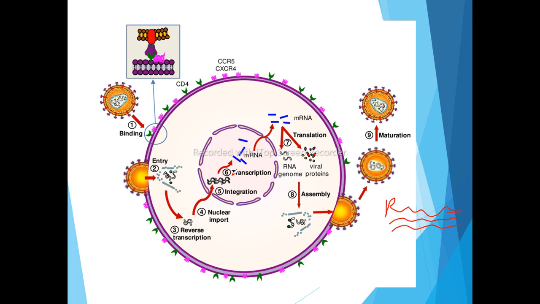In the nucleus we have the enzyme integrase. The enzyme integrase is going to cut the viral DNA, and once it cuts it, it's going to integrate it into the DNA of the host genome. Once it is integrated, the DNA becomes a proviral DNA and becomes part of the host DNA.